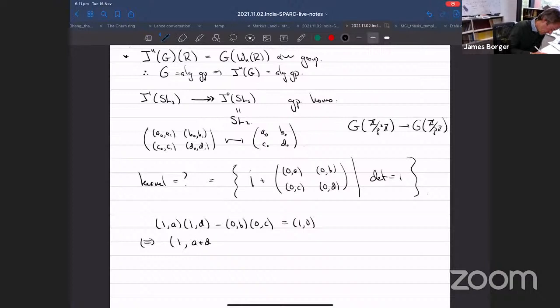It's (1,a) plus (1,d) plus p a d, minus (0, p b c). This should be (1,0). I'll do it as I did before. It's a little easier to add Witt vectors if one of them is simple.